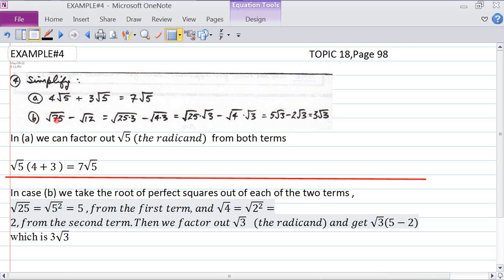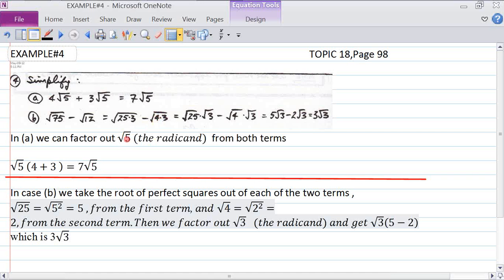Now, in this case, we've got the square root of 75 minus the square root of 12. Now, what we do with the 75 is to realize it's 25 times 3, because 25 is a perfect square. We change the 12 to 4 times 3, because 4 is a perfect square.